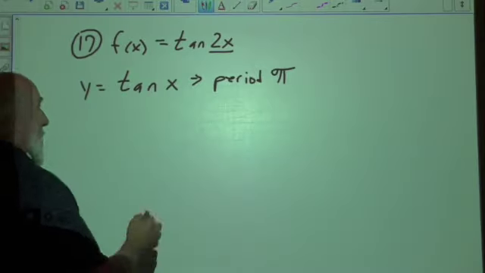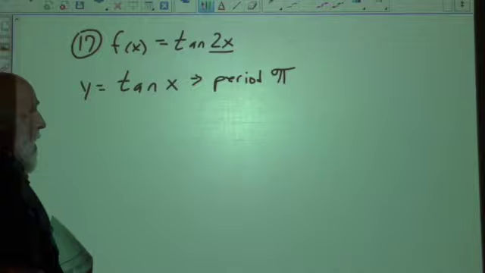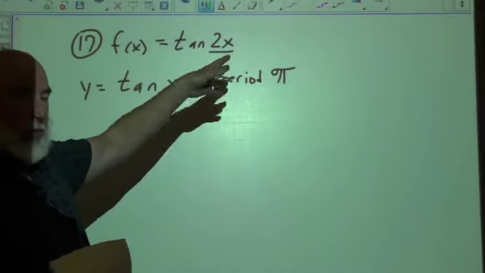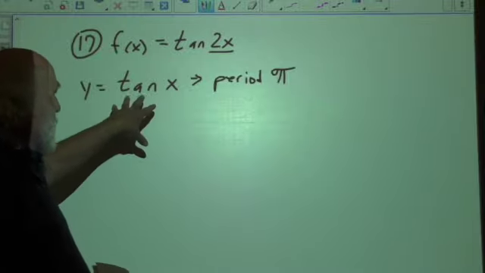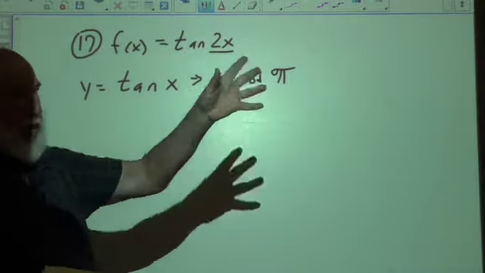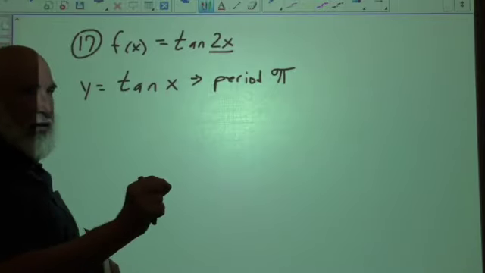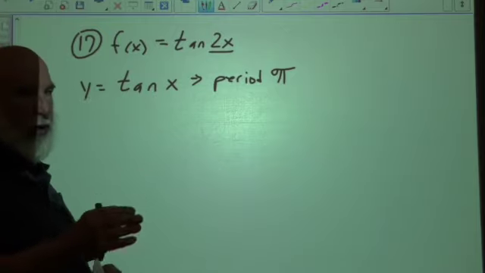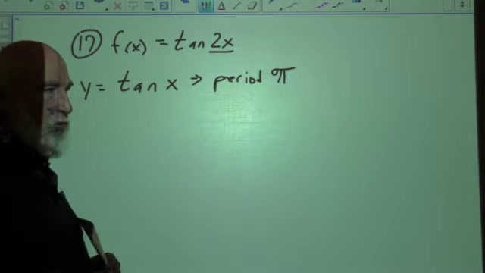If you type in 2x, I caution you that sometimes it's easier to understand if you do them separately and then look at them together, which your calculator will allow you to do. Take a look at what tangent of x looks like, and focus particularly on the dots on the x-axis and see how far apart they are, just in terms of the dots, not even in terms of what the pi or pi over 2 means.